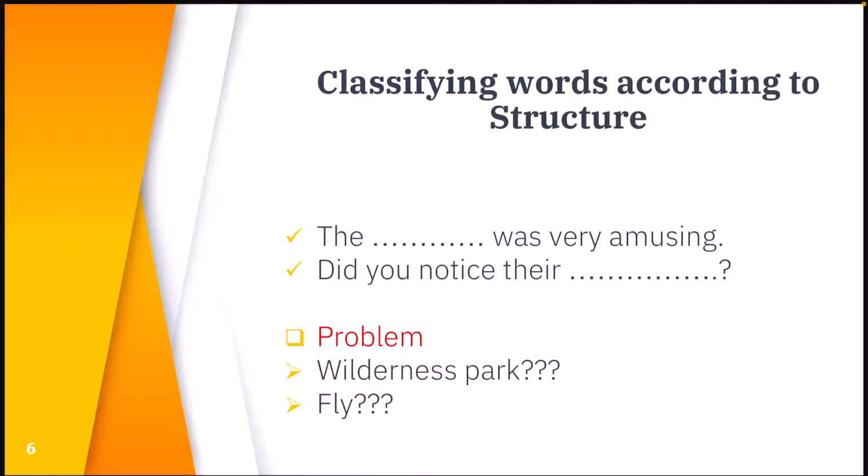Also, look at the second example. Did you notice there dash? Did you notice their book, or did you notice their car? Again, there is a function word. Mostly it precedes a noun, therefore what follows is a noun.